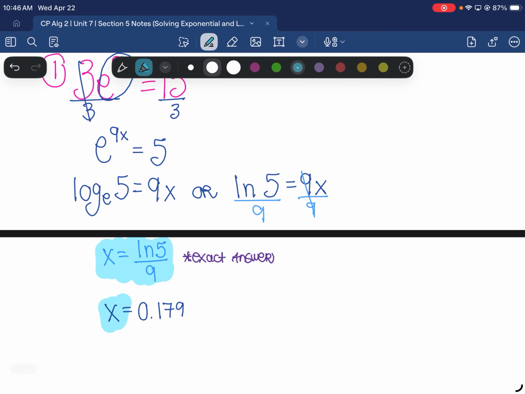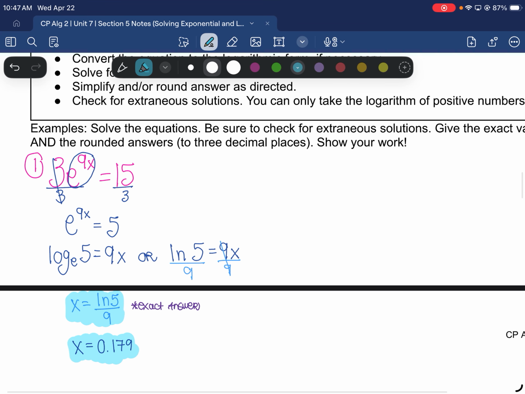You can check it in your calculator, but you've got to know how to solve it. Are you with me? Since you always ask for both, is it okay if we did it by hand and then to get the rounded answer, we just input it in our calculator? Sure, but you can also just type this in your calculator. Do you know where the natural log button is? The natural log of 5, and then divide that by 9, and you should get it.